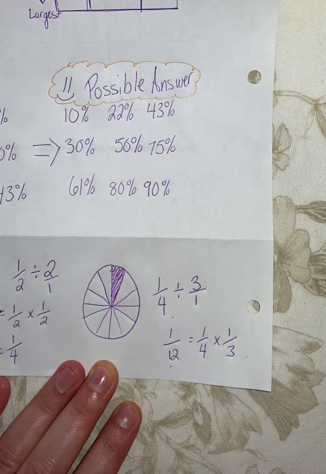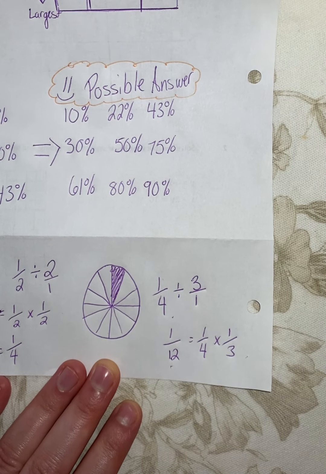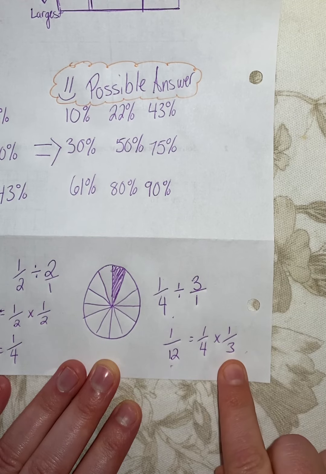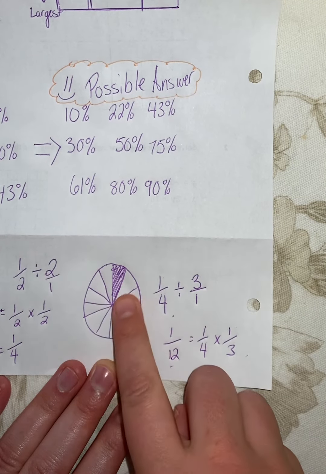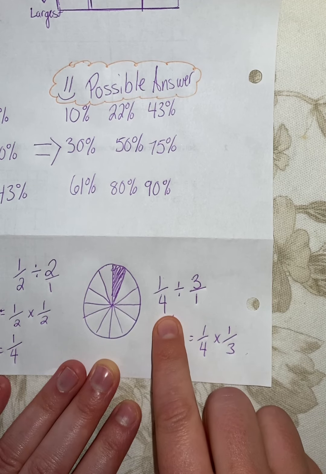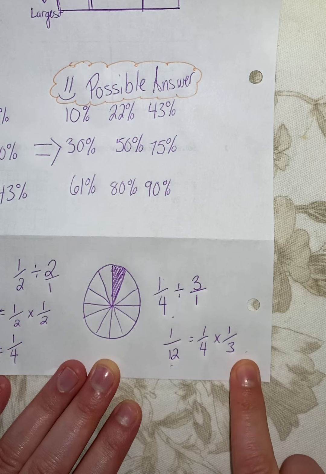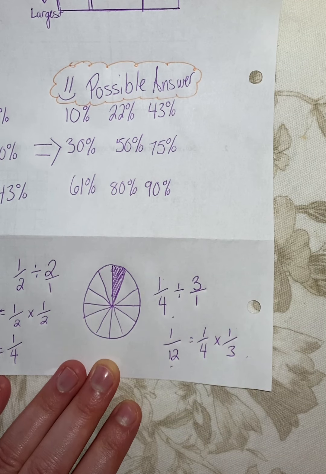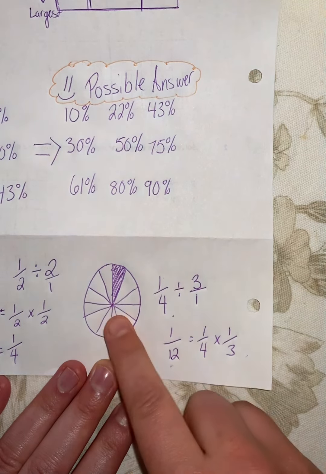So it's not so much that we're flipping the second number magically or randomly. We're flipping the second number because it conveniently creates a pattern that lines up with what actually happens when I'm taking a quarter and dividing it into 3 pieces. It's just a faster, easier way, so I don't have to draw a picture. Once you get to high enough numbers, the picture doesn't make sense, right?